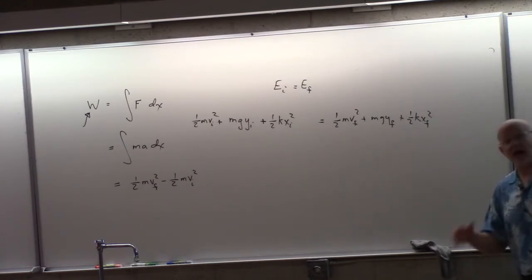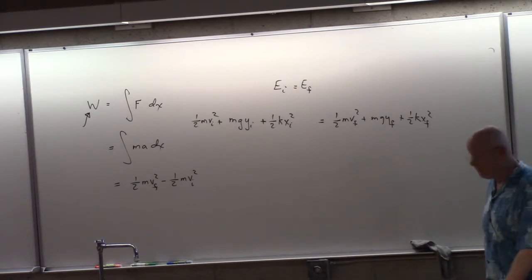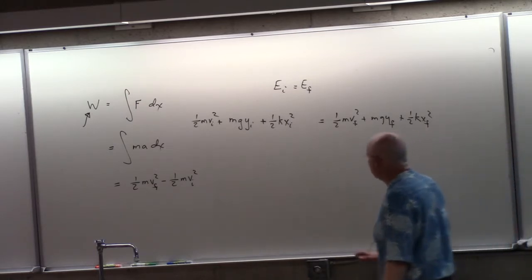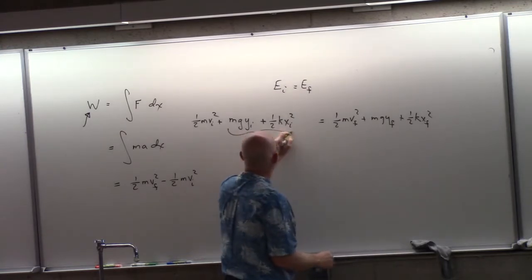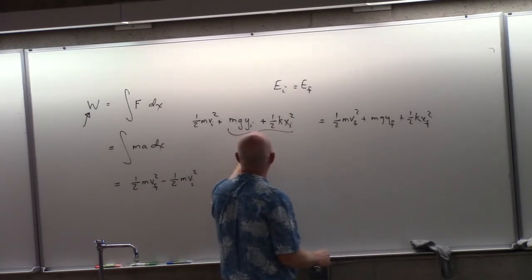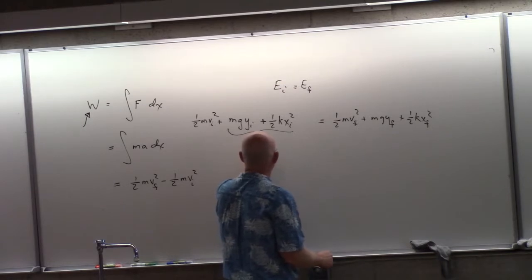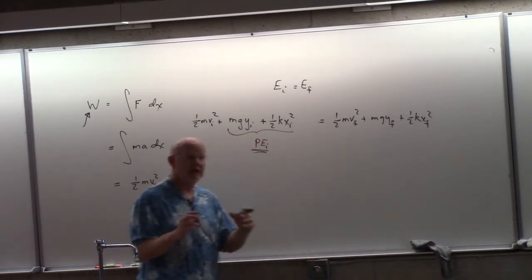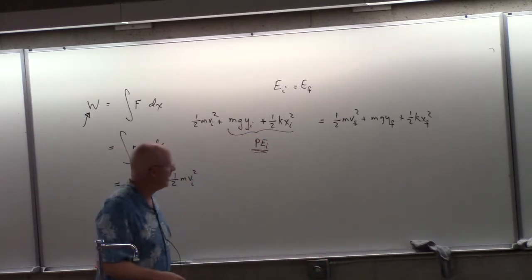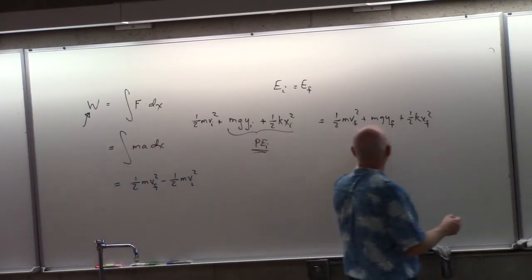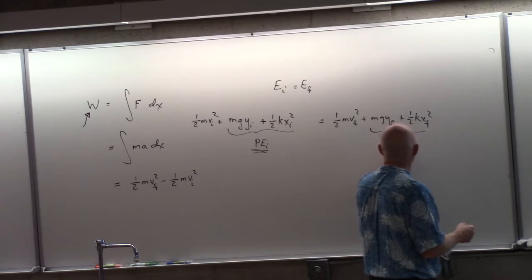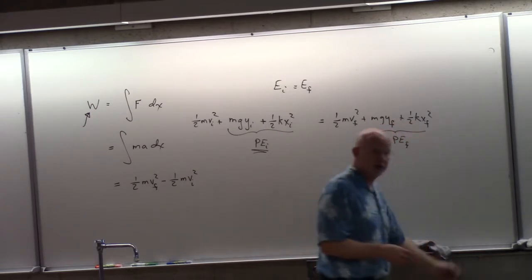In fact, that's how I want to start this chapter: if you rearrange this, maybe you call all of these the potential energy. So I'll say this is the initial potential energy. It involves gravity and our springs. And then over here, we'll call this the final potential energy.